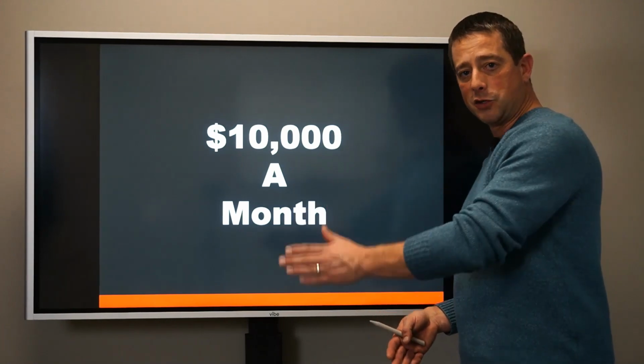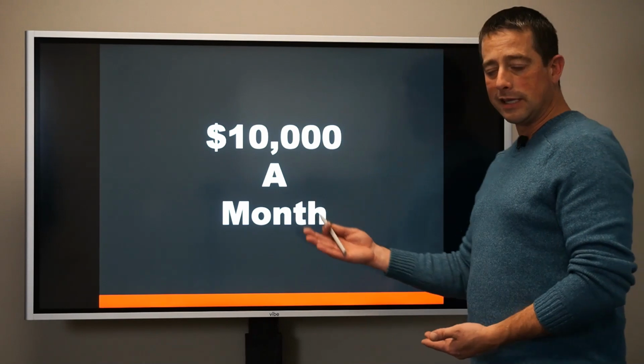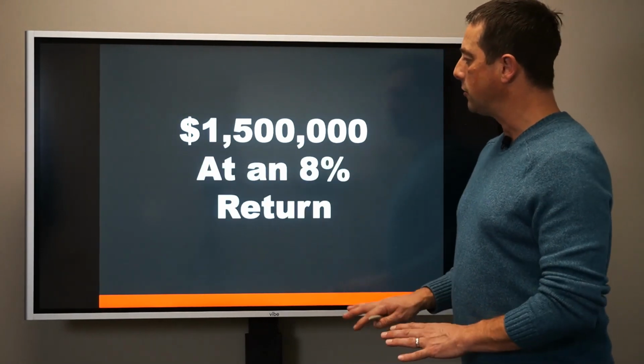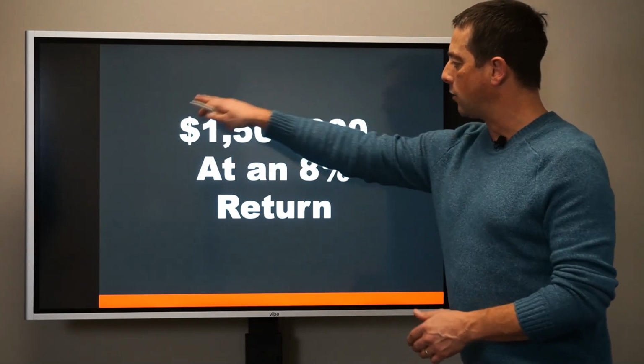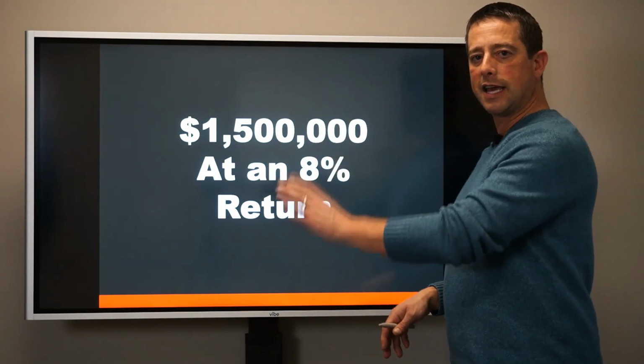If you divide 120,000 by 12, that's 10,000 a month. Obviously prior to taxes or anything of that nature. But my point here is just to show you that it's an amount of equity invested at a rate of return that produces cash flow.